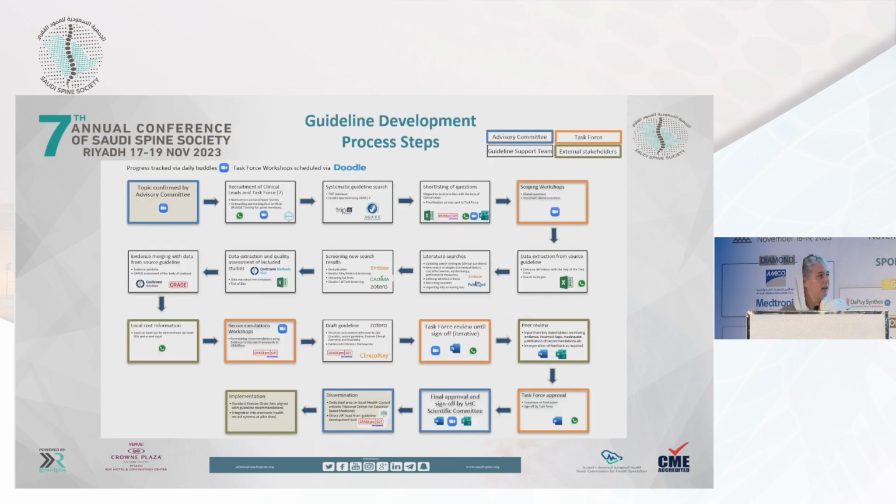You see here the entire process of guideline development. So we stuck to this religiously all the way through. I also indicated what tooling we used at each of these steps. And you can also see in the borders of each of these boxes who was involved. So you can see the advisory committee, or then at the end for approval, the Saudi Health Council Scientific Committee.